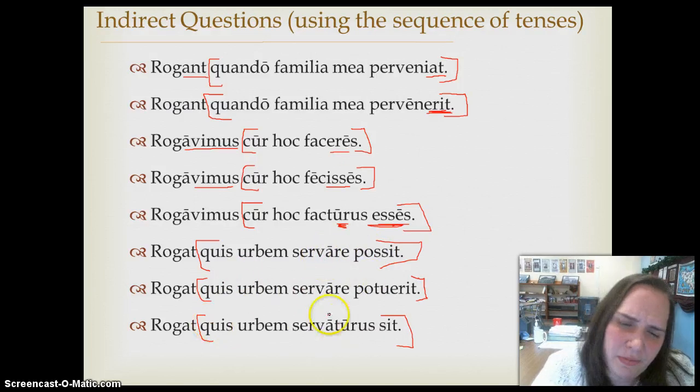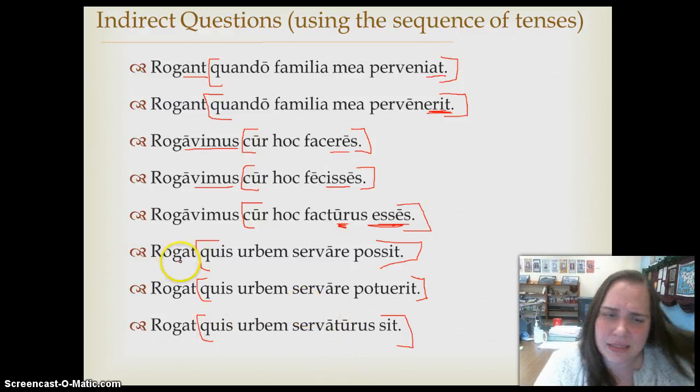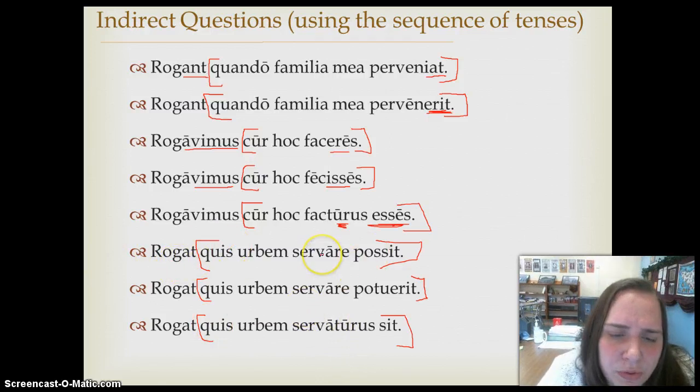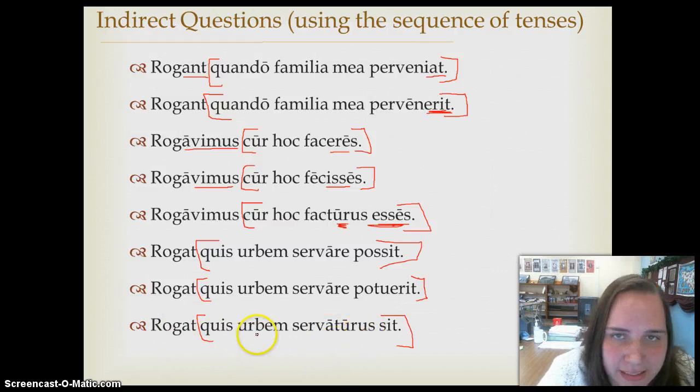So he asks who is able to save the city. He asks who was able to save the city, and he asks who will save the city.